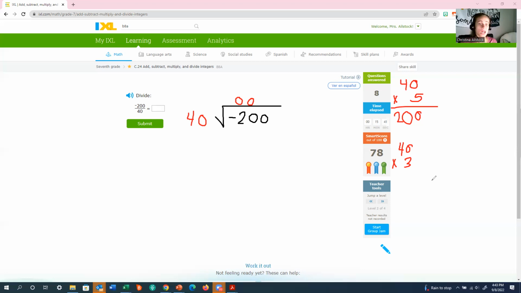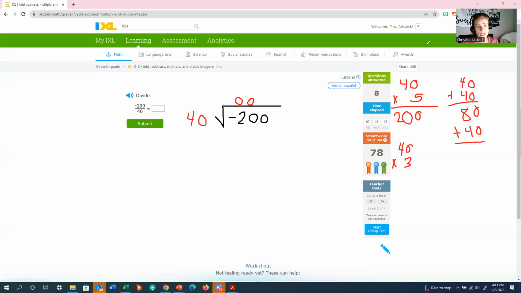That's one strategy. Another strategy is doing that repeated addition. So saying, all right, 40 plus 40 is 80, and then keep adding 40 over and over again until you either reach the number you're looking for or you get as close as you possibly can.